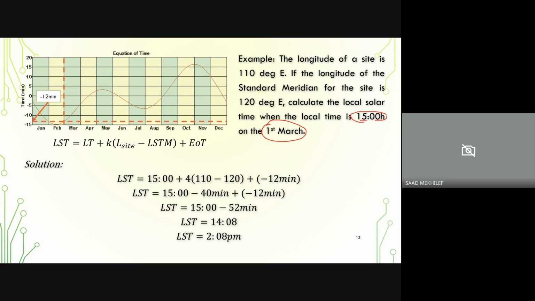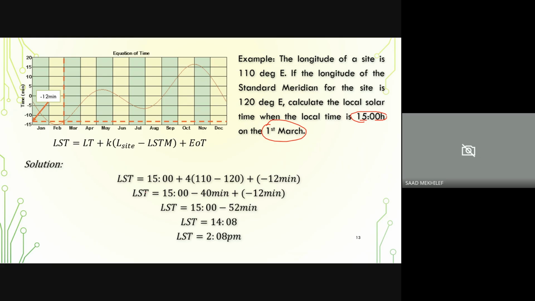You see? 3 p.m. on the 1st of March, a specific date. So we calculate: LST is equal to 3 p.m., which is the LT, local time, plus K, which is the factor of 4, times 110 minus 120, plus 12 minus 12 minutes.